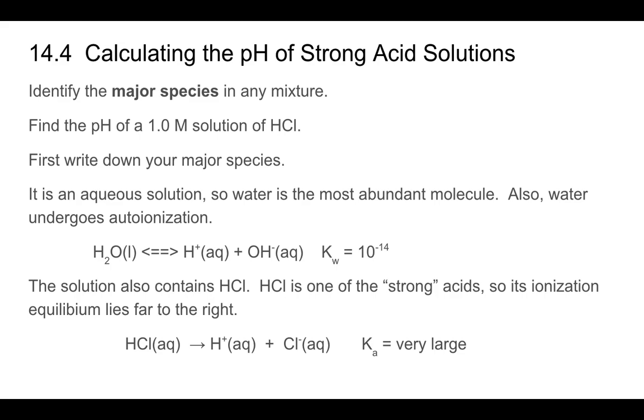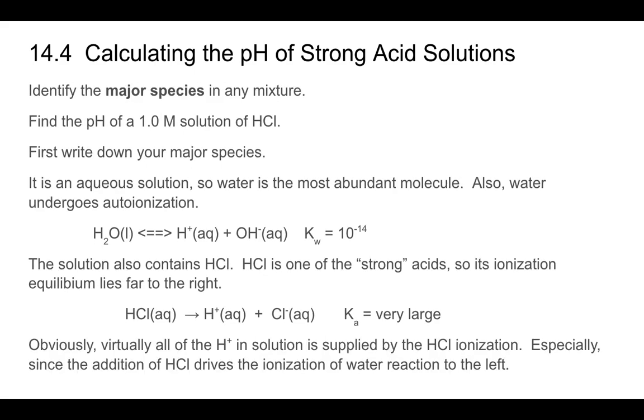So notice here I'm only going to write the arrow to the right for HCl because it forms H+ and Cl- to a very large degree, nearly 100% ionized in water. So we'll just say here the Ka is very large, much greater than 1. So obviously it looks here like H+ in the solution is going to be supplied by the HCl.